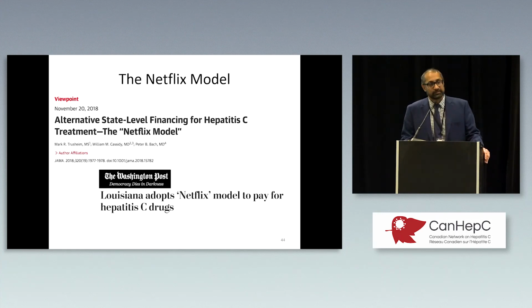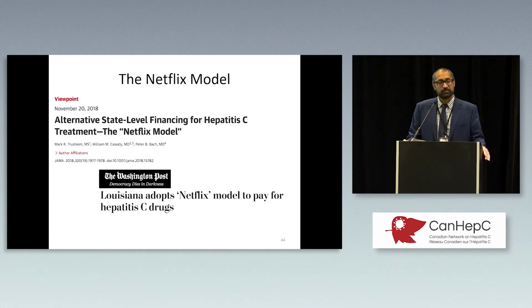So in the US, two states have agreed to implement an innovative subscription-based model, popularly known as the Netflix model. What it means is that the payer and the pharmaceutical company sign an agreement for a fixed term budget, and in return, they have access to unlimited treatment in some sense. So it's a fixed budget. It's a win-win situation.